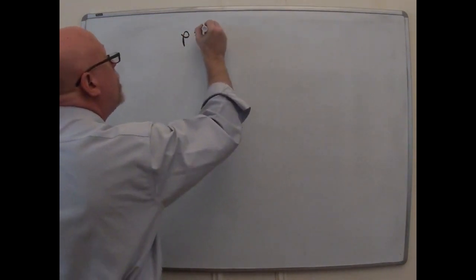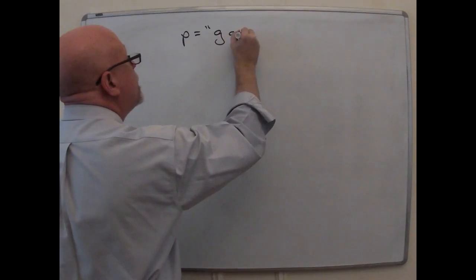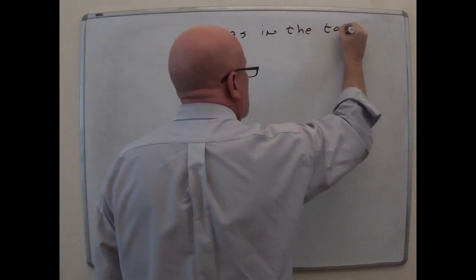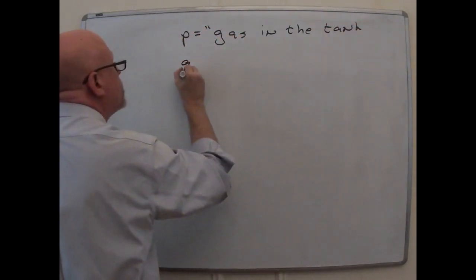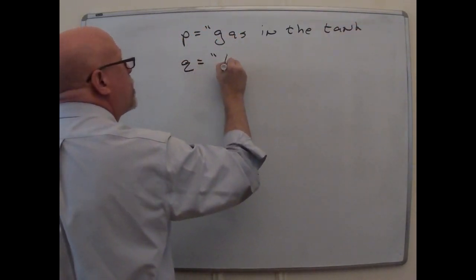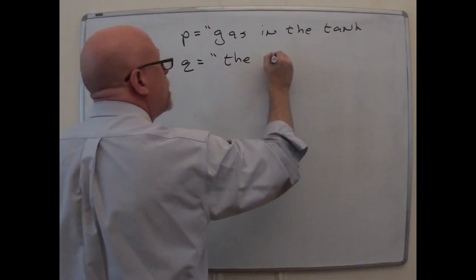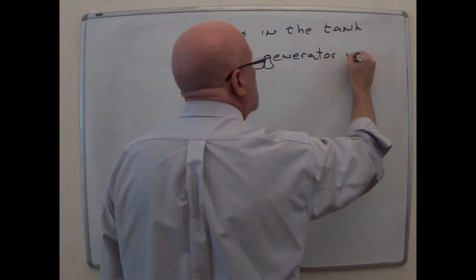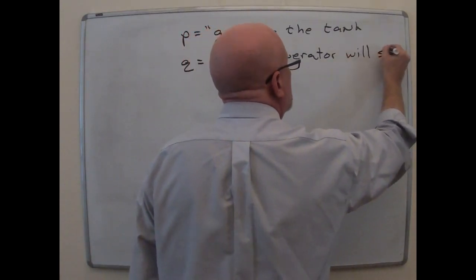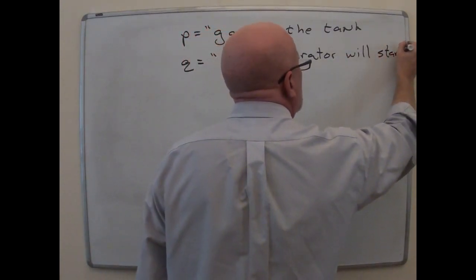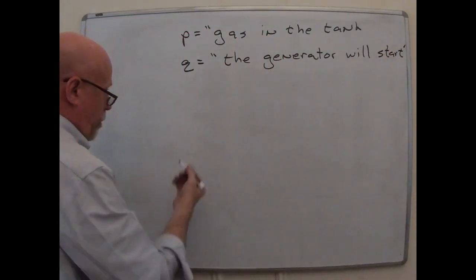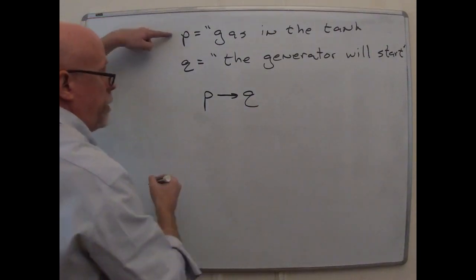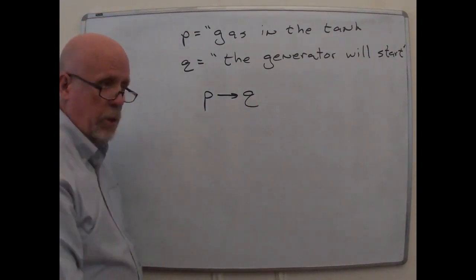P is equal to gas in the tank. And Q is going to be the generator will start. Wouldn't most of you agree that this is valid? P implies Q. If there's gas in the tank, then the generator will start?